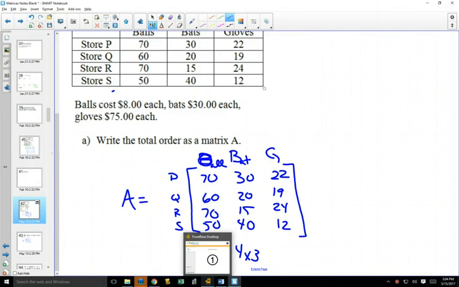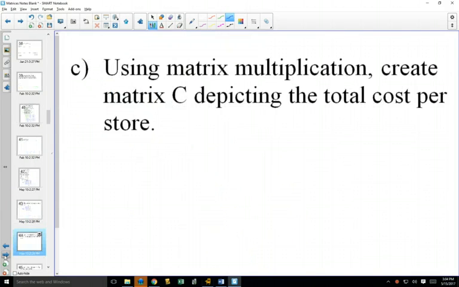Having these two matrices now, we can use matrix multiplication to find out the cost per store. So our matrix A was a 4 by 3. Our matrix B was a 3 by 1.